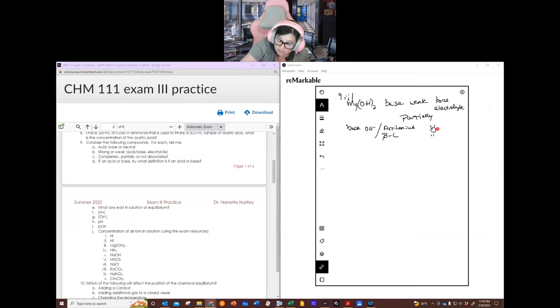OH. That's my Lewis structure. One of these lone pairs can be used as a base, and therefore it is also a Lewis base.